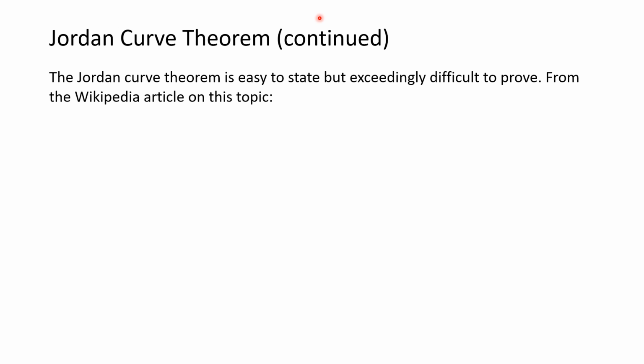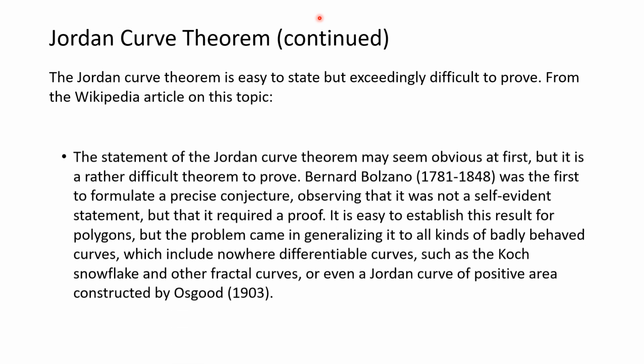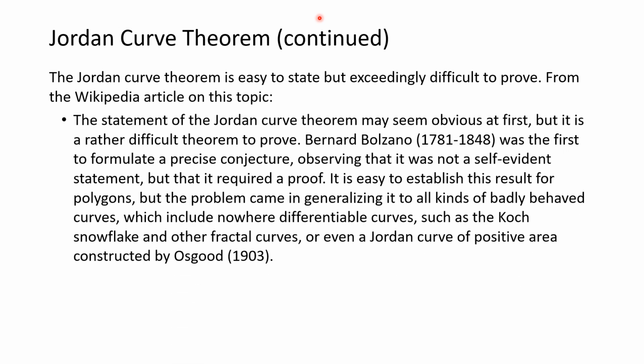In terms of history, the Jordan curve theorem was first noticed as needing a proof by Bernard Bolzano. I have his birth and death year here. I couldn't find what year he actually made the conjecture, but he's credited with observing that a proof was needed.